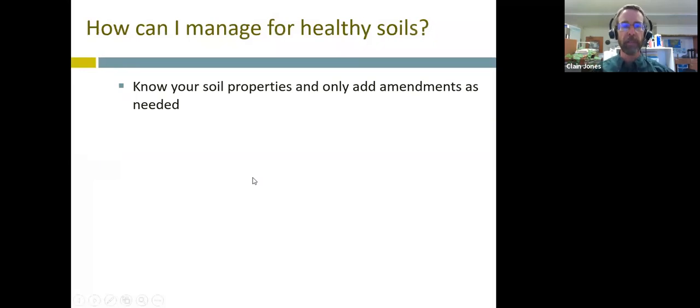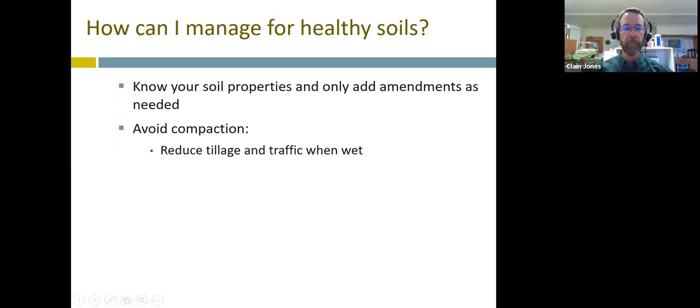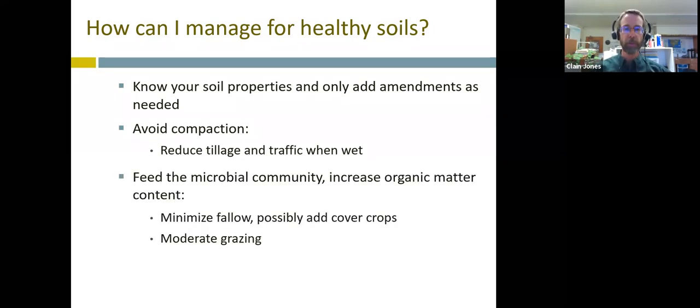So how can I manage for healthy soils? It's really important to know what your current soil properties are and only add amendments as needed. You don't want to be adding, for example, gypsum if you have a lot of calcium and sulfur already in your soil. You certainly want to avoid compaction, reducing tillage and traffic when the soil is wet.